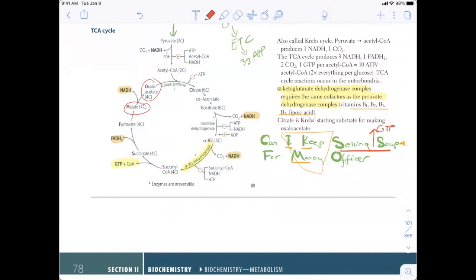And you can see that that is one of the steps that NADH was made, right? To go from malate to oxaloacetate, okay? However, you can have a reverse reaction as we've seen, right? You can have oxaloacetate going back to malate.